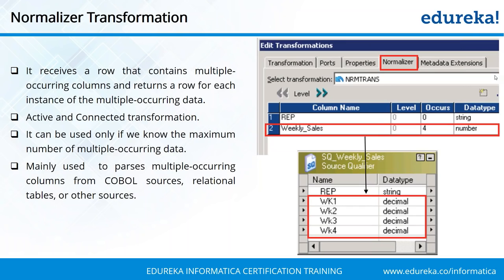By default, if a source qualifier is created for a COBOL file, then this is also a normalizer transformation. So Informatica automatically creates a normalizer transformation as a source qualifier for a COBOL source file. So remember that when you're going for an interview, it is something that is often asked. So any questions about the normalizer transformation?